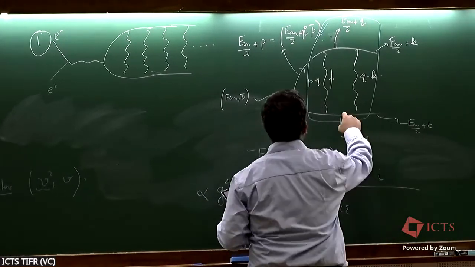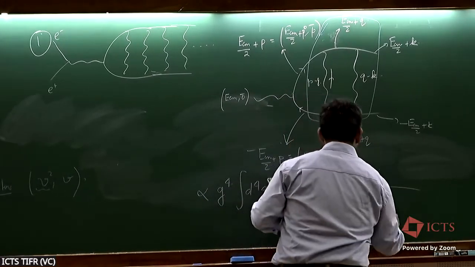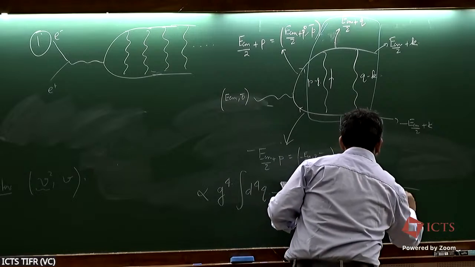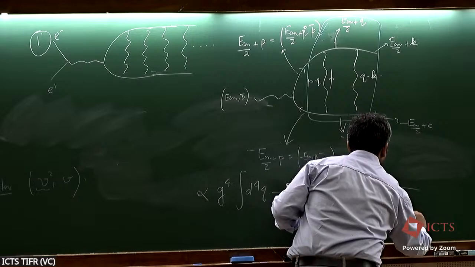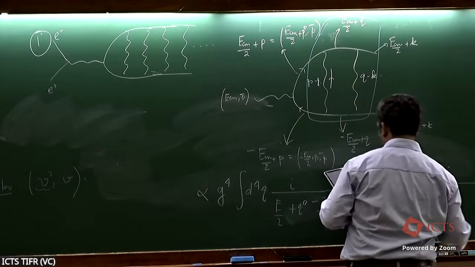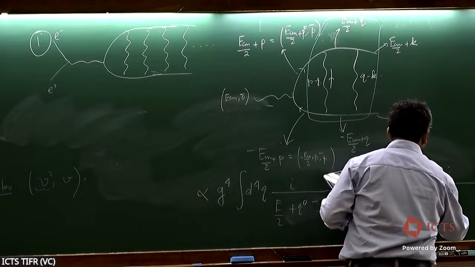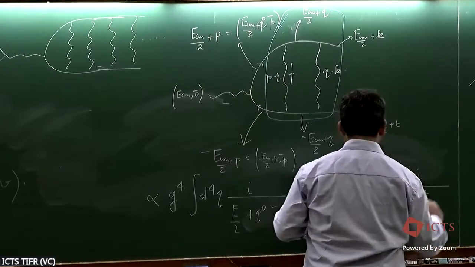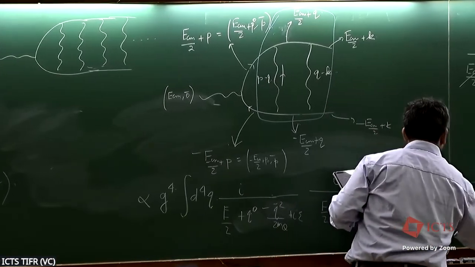You will have another propagator from this side, which is E/2 minus Q0 minus Q squared over 2M plus i epsilon. I'm looking at longitudinal photon exchange. The transverse ones won't contribute here because they are suppressed in the power counting.